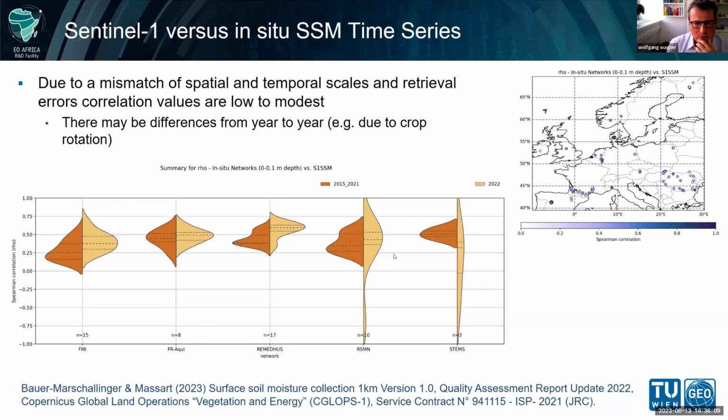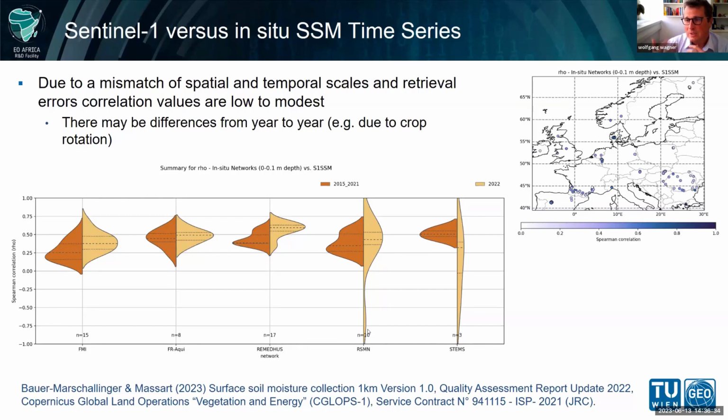Now, you see this, for example, for that particular network here, this Romanian network. So this is the correlation over the years from 2015 to 21. So overall satisfying correlation. But if you look only at the year 2022, we see that some stations are much better, but there are also stations that are highly negatively correlated.